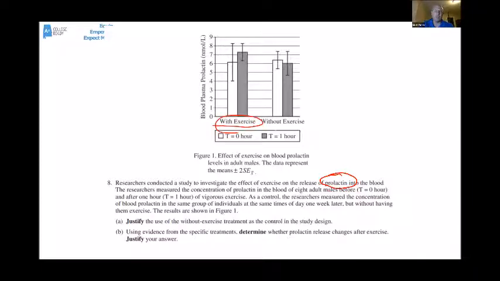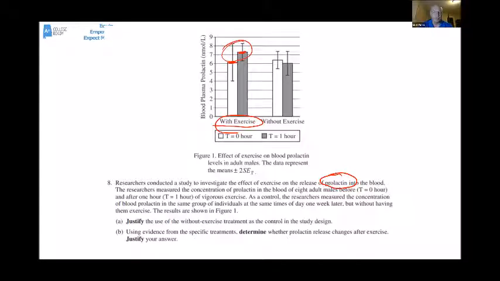And you look, the sample mean of the males that exercised, after 1 hour, they had a higher prolactin than they did an hour before. But notice the error bars overlap, which means there's really no statistically significant difference between before they exercised and an hour after they exercised.